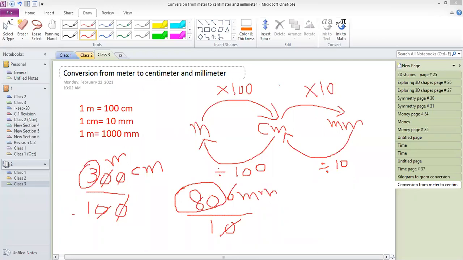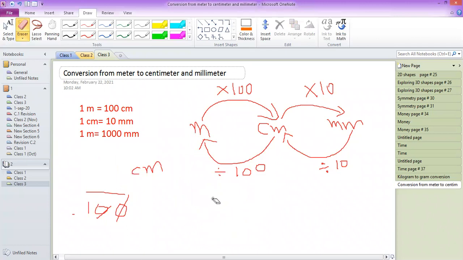Good. Okay, look, let's suppose I ask you that the value is 500 centimeter. Tell me how much meter is that?